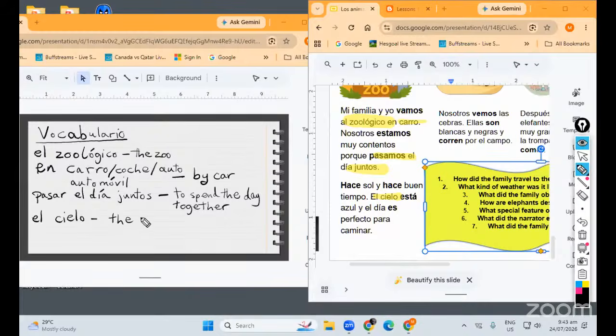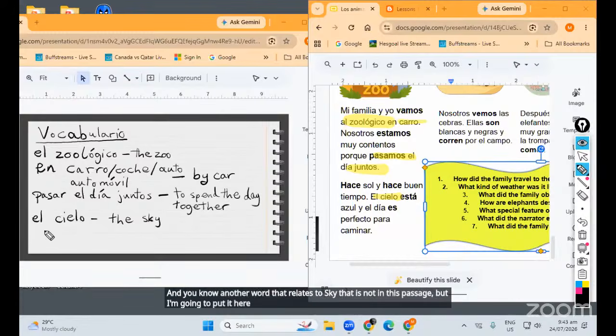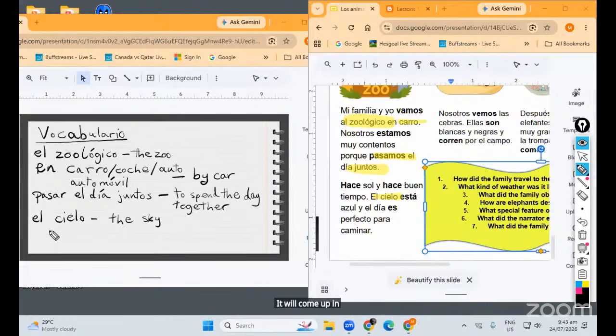And another word that relates to sky that is not in this passage, but I'm gonna put it here because it will come up in listenings, and who knows if we'll get the opportunity again, is skyscraper.